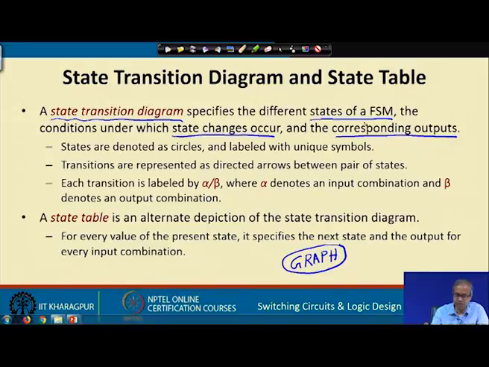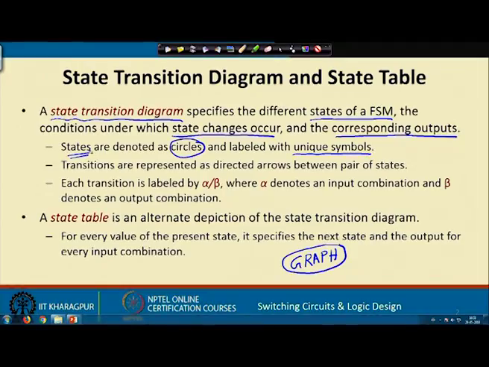Now, notation wise, the states are denoted as circles and they are typically labeled with unique symbols, so that you can distinguish one state from the other. In the early example we saw in the last lecture, we labeled the states as A, B, C, D. There are also transitions.